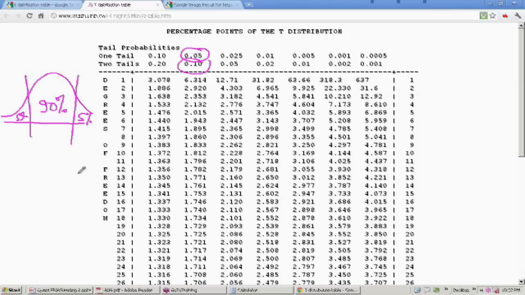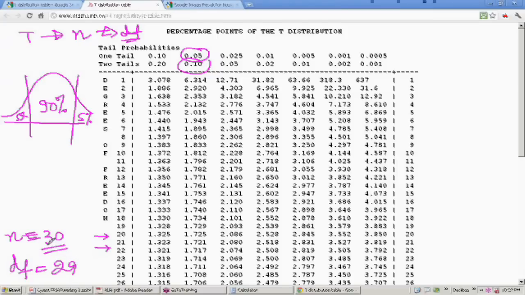Now for the t distribution we need to know the sample size. As a result we need to know the degree of freedom. If you see over here this row, you have degree of freedom: 20, 21, like that it is given. Now if the sample size is, let's say, 30, what is the degree of freedom? 29.